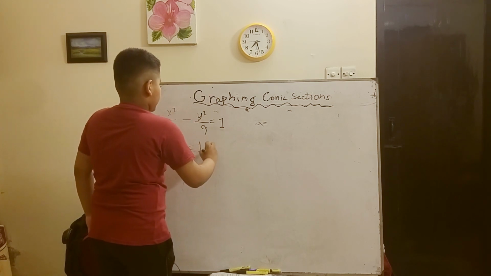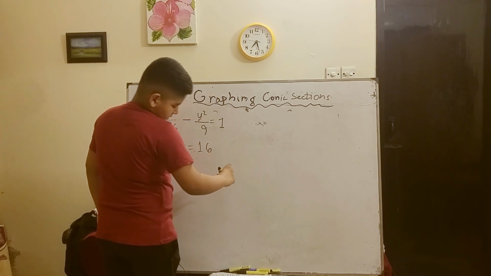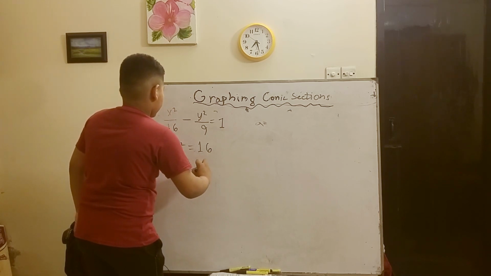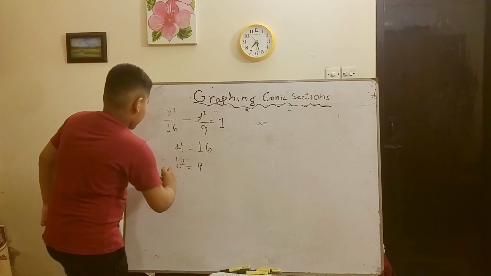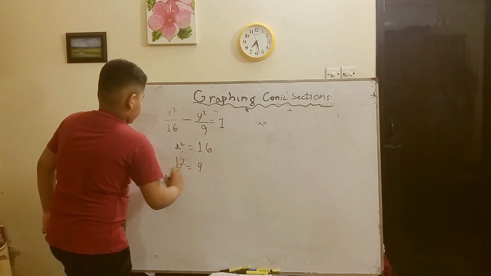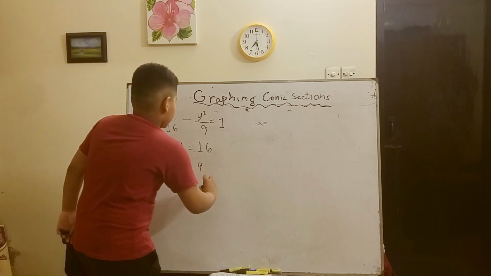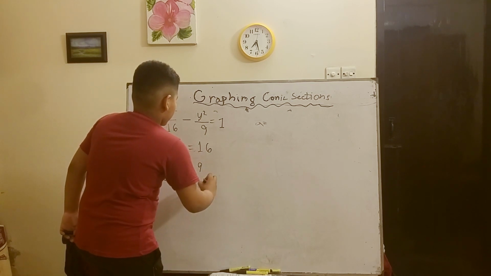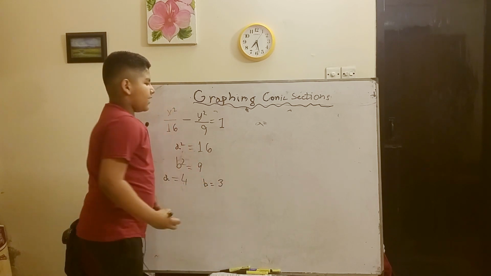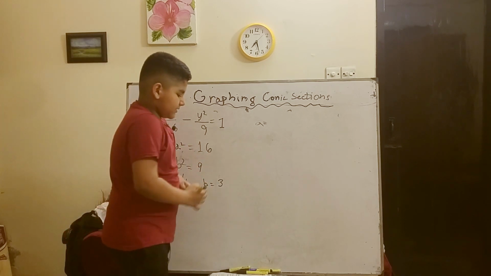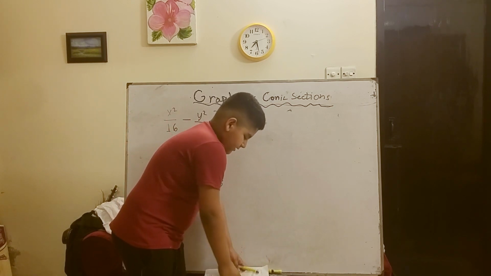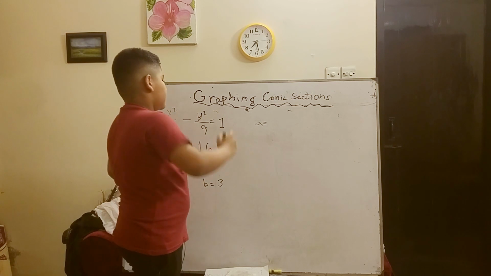So a squared is 16 and b squared is 9. So a is equal to 4 and b is equal to 3. I know I said it in a really slow way because it isn't much of a difference. It's just a calculation.